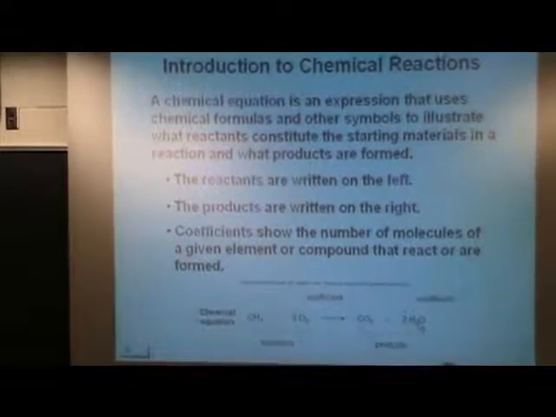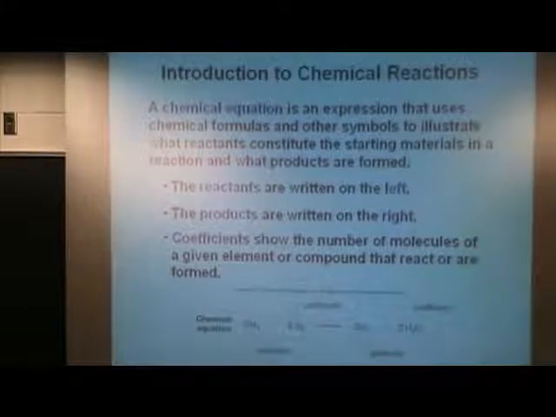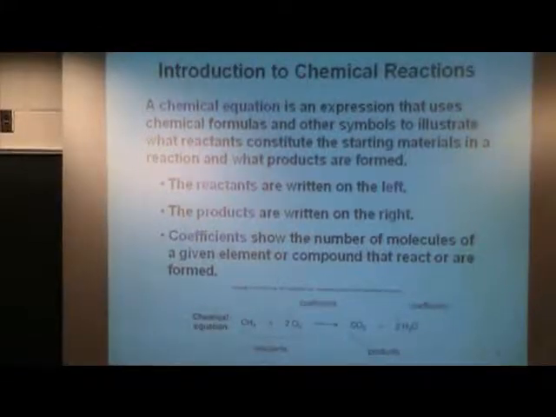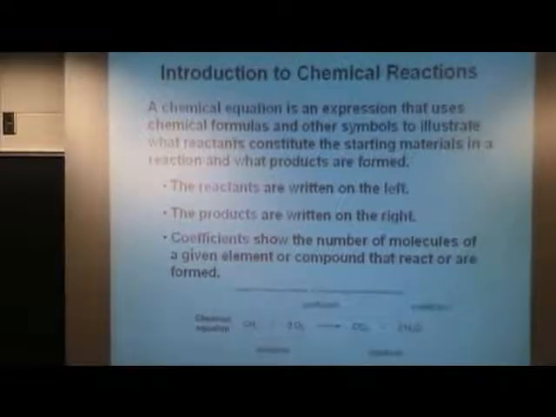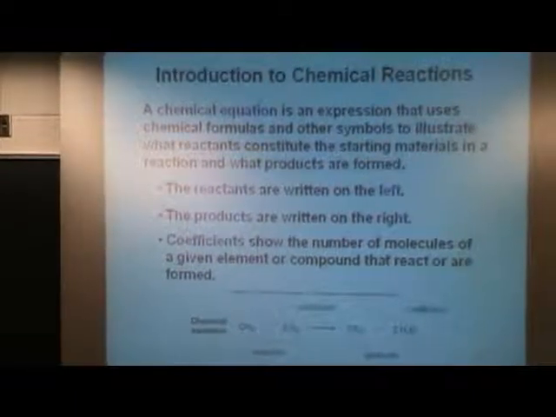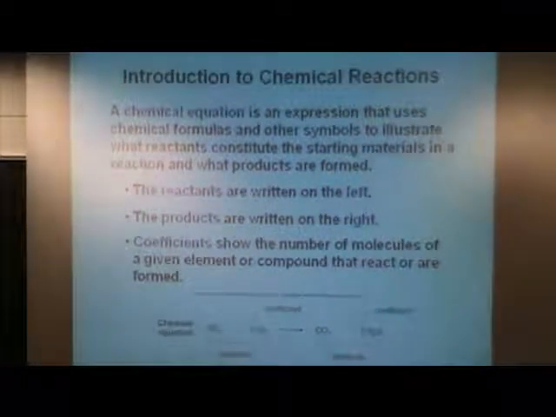You're changing the substance. You're changing the identity of the element. So you always play with the coefficient to balance the equation. You can do whatever you like with the coefficient, but don't ever touch the subscripts. Make sense? Okay.